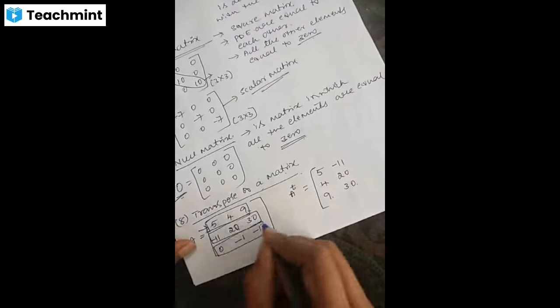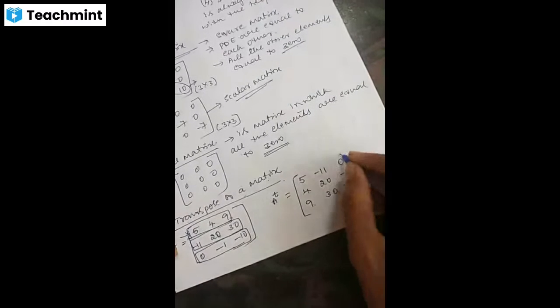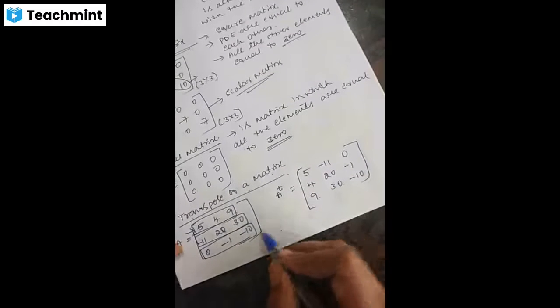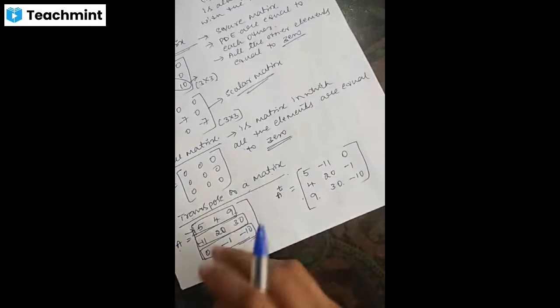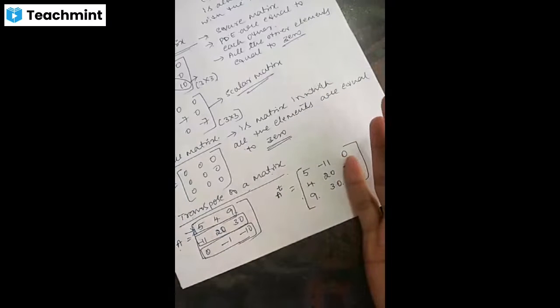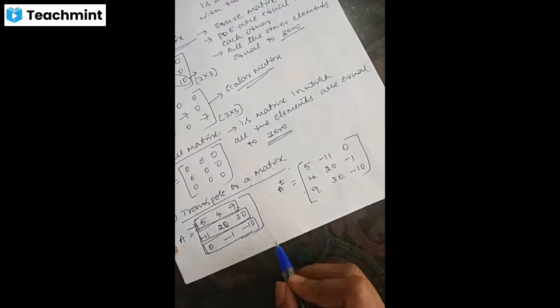And the third row of this matrix becomes a third column values. Right? Therefore, this is a matrix which is transposed rows into columns. That particular matrix is said to be as what? Transpose of a matrix. Are you all following? Transpose of a matrix may be obtained by changing the rows of a matrix into columns.